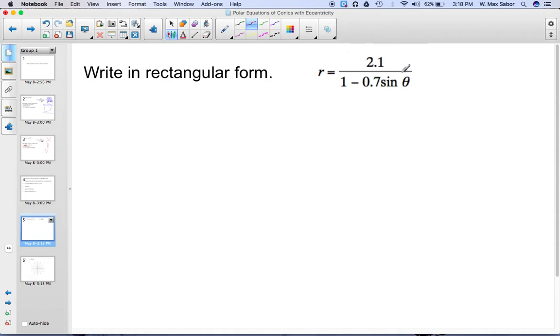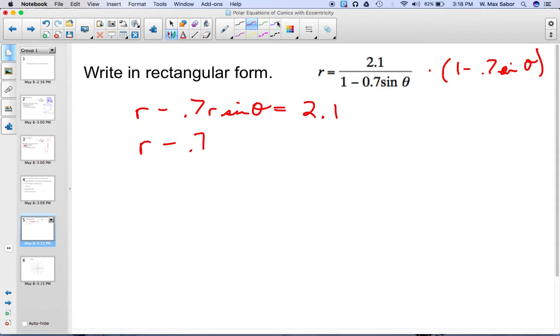The first idea is to multiply by 1 minus 0.7 sine theta. If we do that, we get r minus 0.7 r sine theta equals 2.1. Now, r sine theta is the same thing as y.